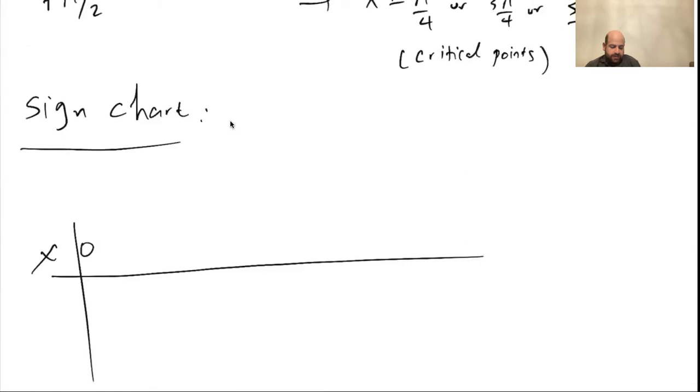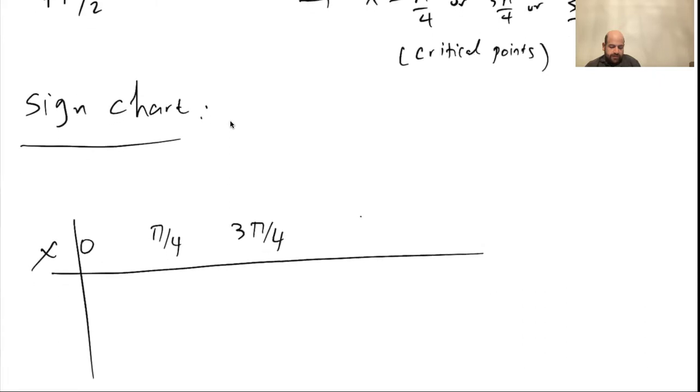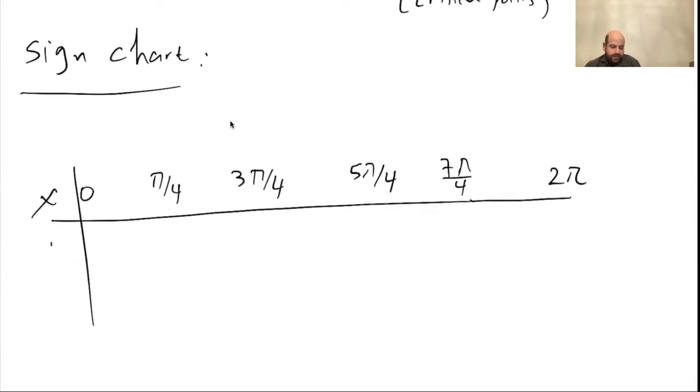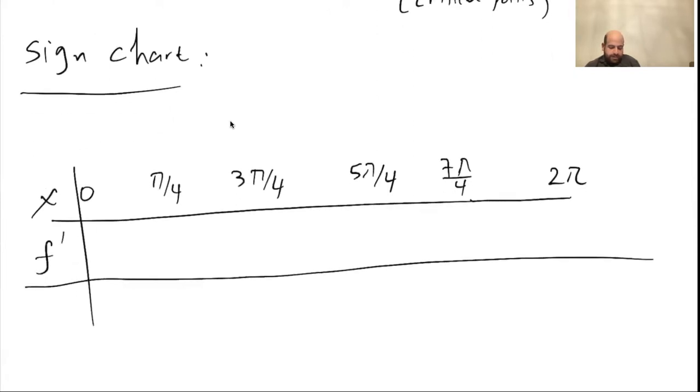The smallest one is pi over 4. And then we have 3 pi over 4, and then 5 pi over 4, 7 pi over 4. And then the other endpoint of the domain is 2 pi. And then here, let's say f prime, and here f.